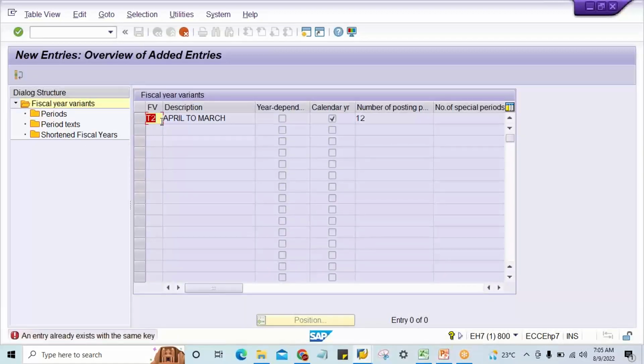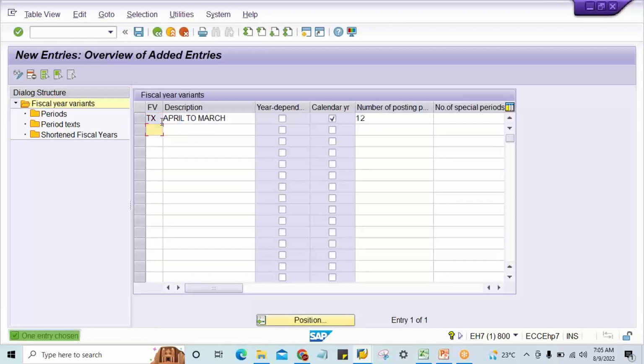This is also already there. Can we give TX? Okay, this code is unused. See at the bottom, when the error appears, it means that code is already used by someone, so you have to give a different code which is unused. That is the logic.